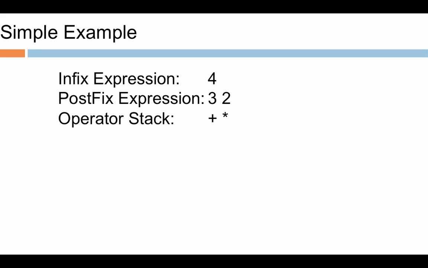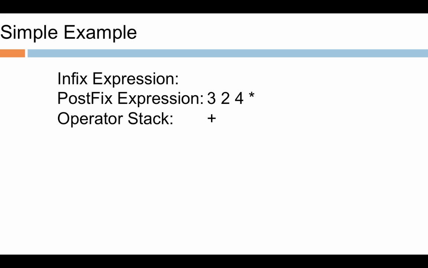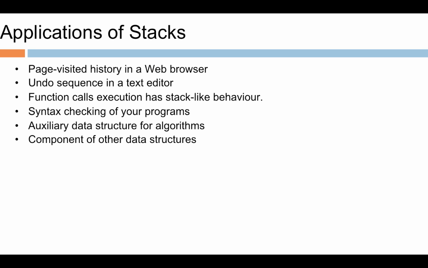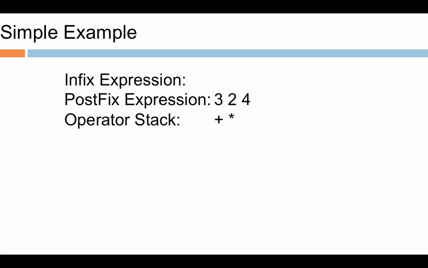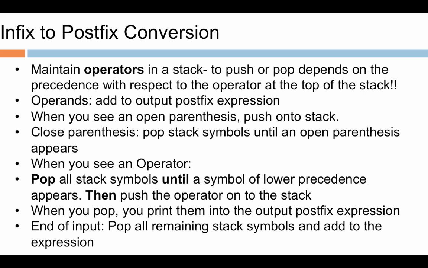Then we push the next operator onto the stack. Then we print out the last term, and then we pop from the stack until it is empty. So that was just a very simple example.